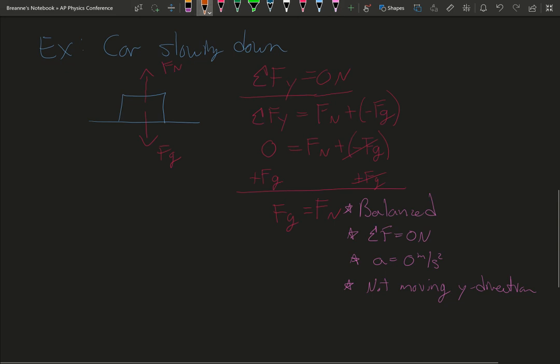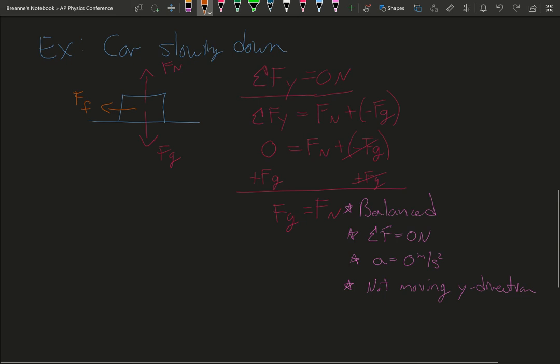In the x direction, if it's slowing down, what force makes an object slow down? So hopefully you said force of friction. So this is basically you've taken your foot off the accelerator and you're putting your foot on the brake. You're slowing down. There is no force applied.